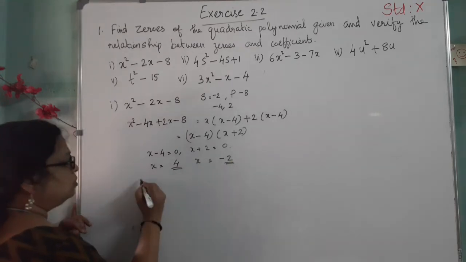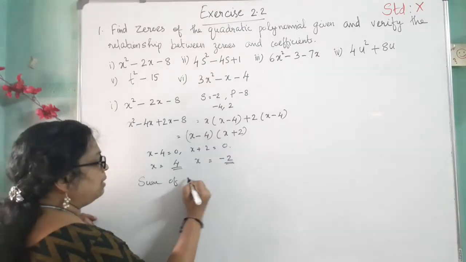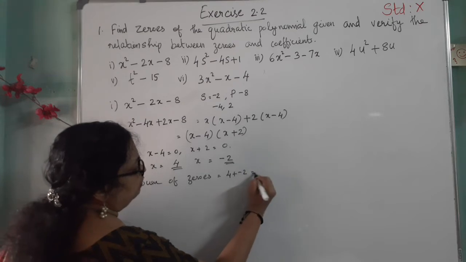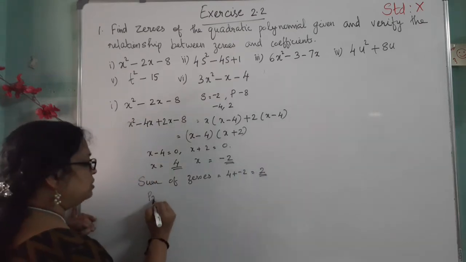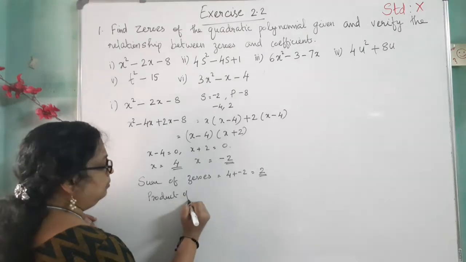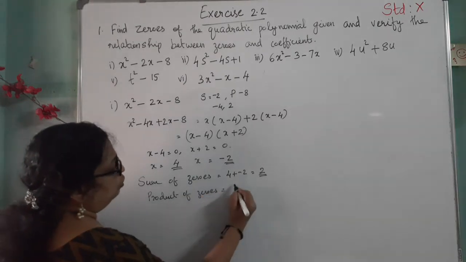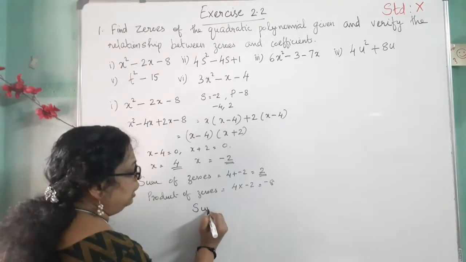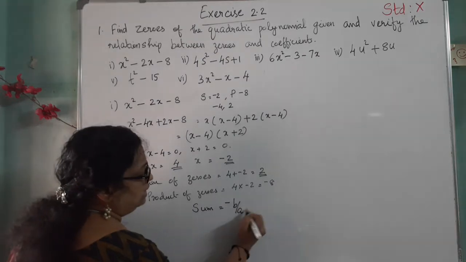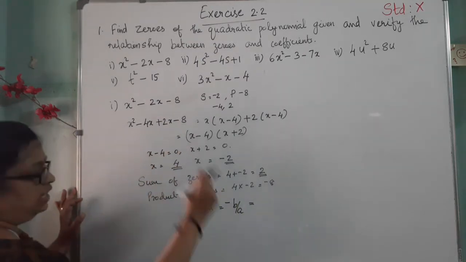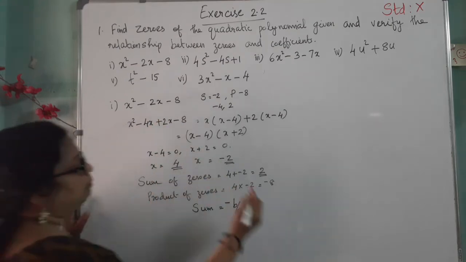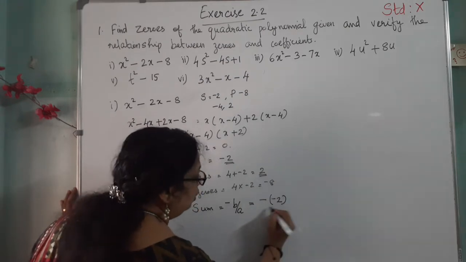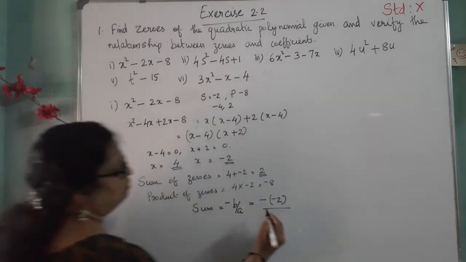minus 2. So we can write the sum of zeros, that equals 4 plus minus 2, we get 2. Then the product of zeros equals 4 into minus 2, we get minus 8. Then we know that the sum equals minus b by a, that is minus the coefficient of x divided by the coefficient of x square. Here the coefficient of x is minus 2, so minus of minus 2 divided by the coefficient of x square, which is 1, that is a.